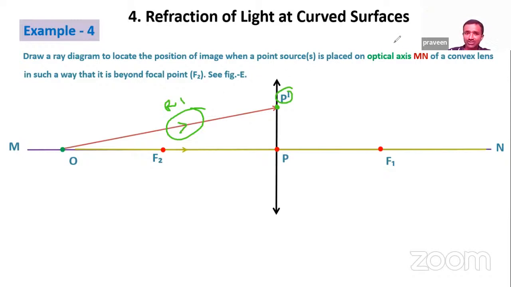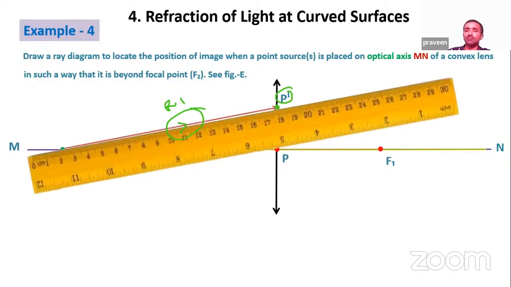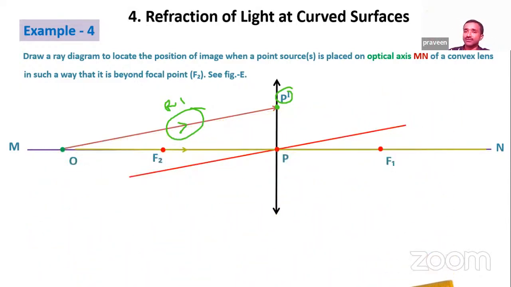So what to do in this? In this case, we simply draw a parallel line through the optic center. So the red color line is drawn. Then what to do? The red color line is the imaginary principal axis. Then the light ray is parallel to the principal axis before the refraction.